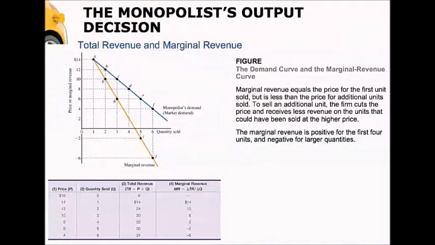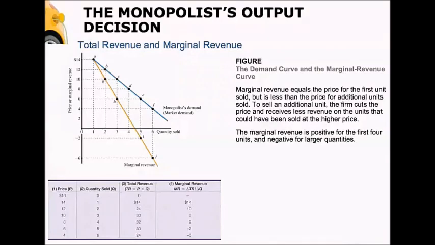So when we look at a monopolist, the monopolist faces a demand curve, and the marginal revenue associated with that demand curve is always below the market demand curve. Something interesting: in the elastic portion of the demand curve, which is the upper portion, marginal revenue is going to be positive, because if we lower price a little bit, quantity is going to go up a lot.